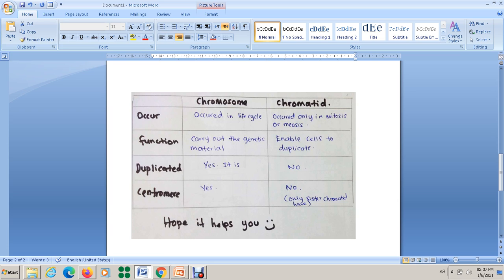This is the chromatid, which is one part of it. The function is to carry the genetic material. The chromatid enables cells to duplicate, yes, it is the chromosome. With the chromatid, you're talking about one part of it. Both have a centromere, and the chromatid has one if they are sister chromatids.